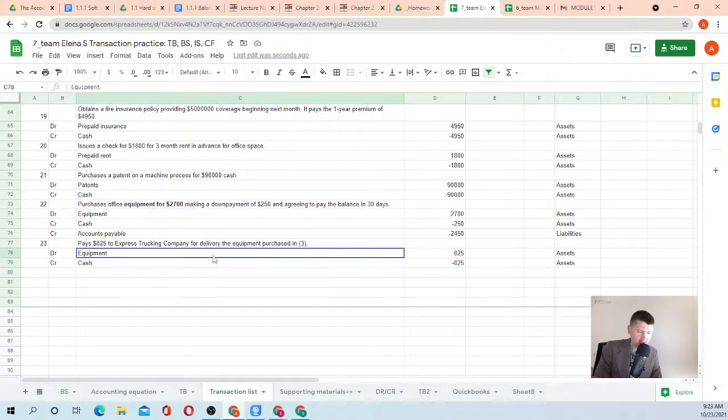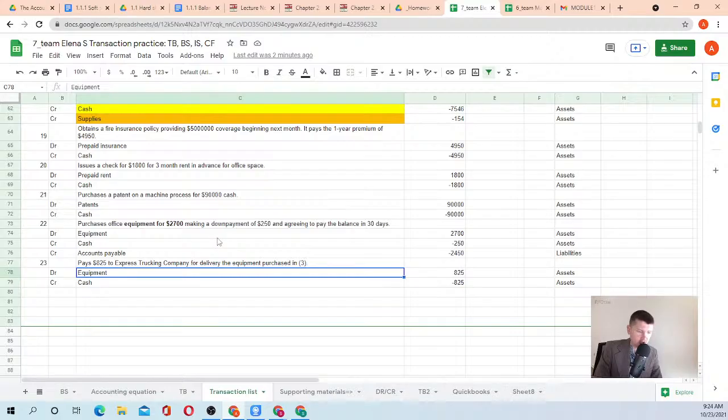So we capitalize that, and we obviously paid with cash, so we have a credit cash here. And the same situation works when we deliver inventory to our warehouse. If we pay separately for delivery of that inventory, we also need to capitalize it in the cost of inventory.